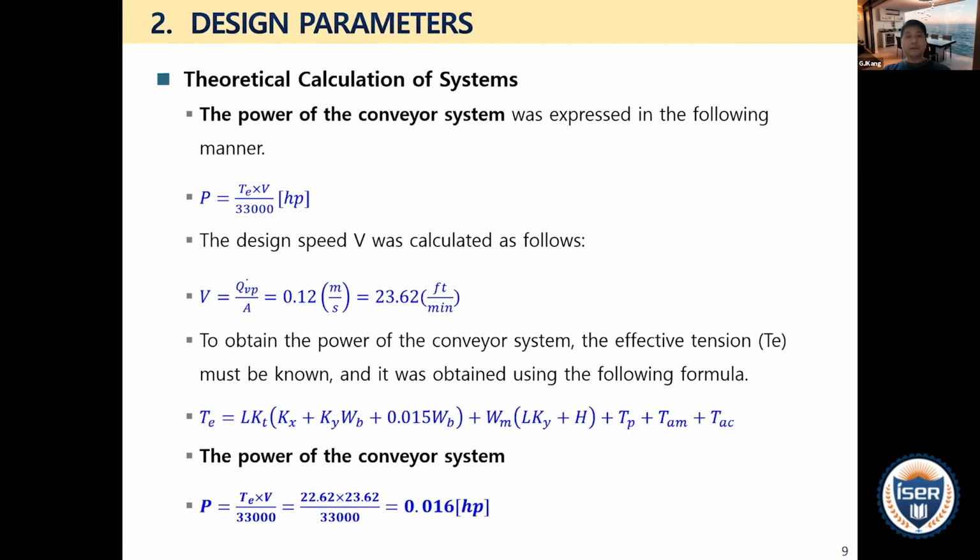The power of the conveyor system was expressed in the following manner. For the power of the conveyor belt system, V, the design speed, was calculated with the following equation, and TE, the effective tension, must be known, and it was obtained using the following formula. So the power of the conveyor system was calculated like this.